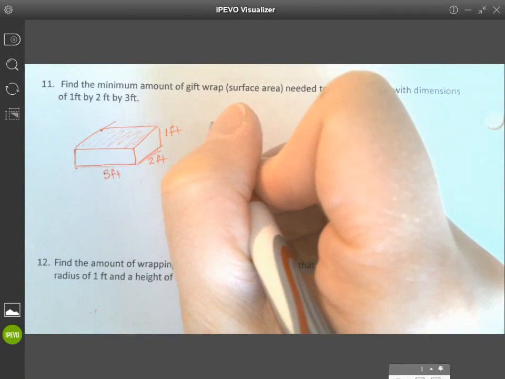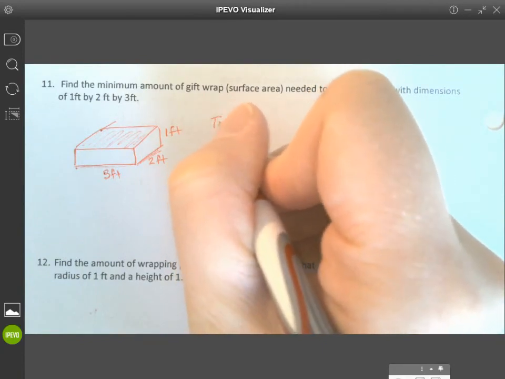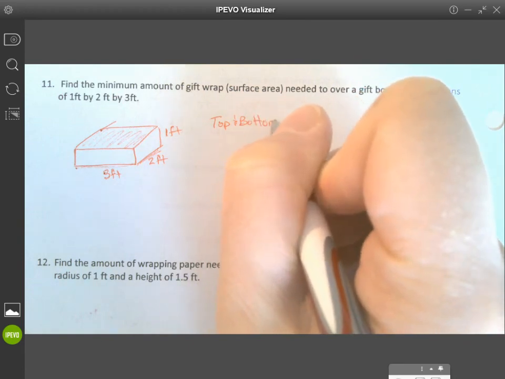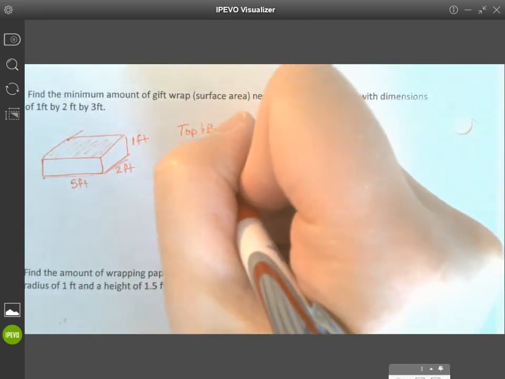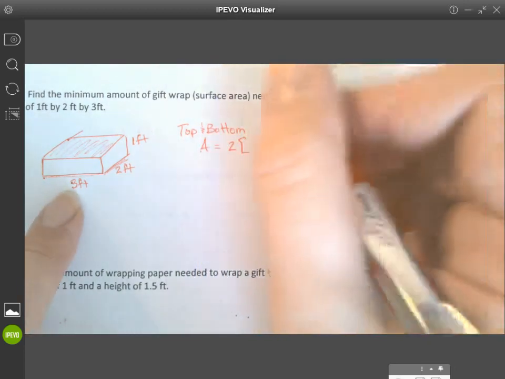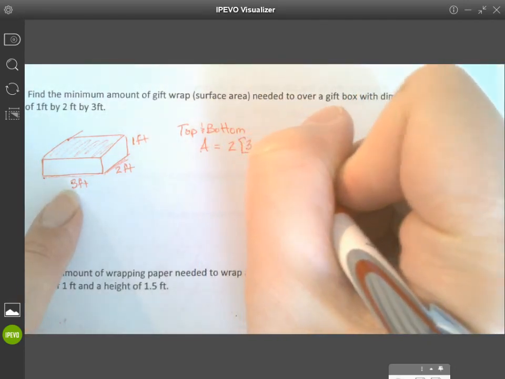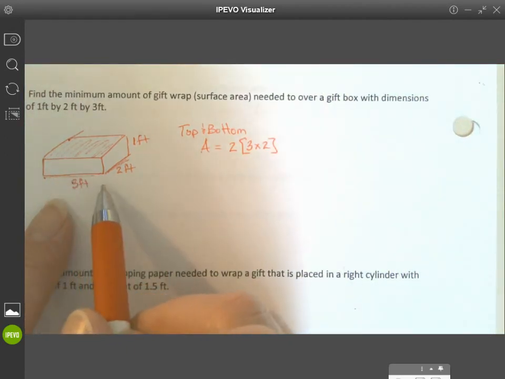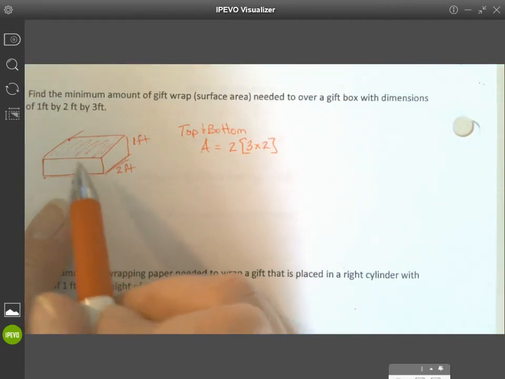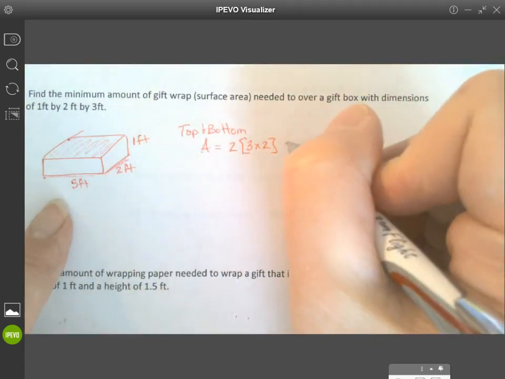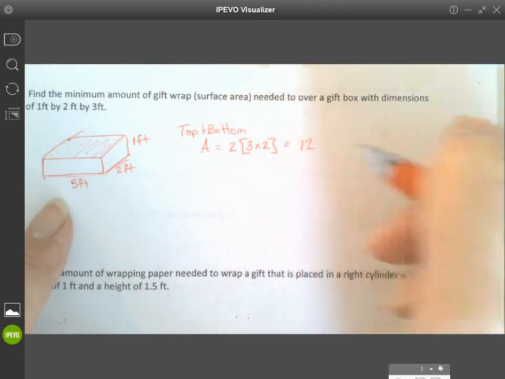So I have for top and bottom, the area would be 2, and I have it as 3 by 2. So it's sitting on a 6-foot squared surface, okay? 3 by 2, bottom and top. Forget about the 1, that's the height. So what's that give me, 12?